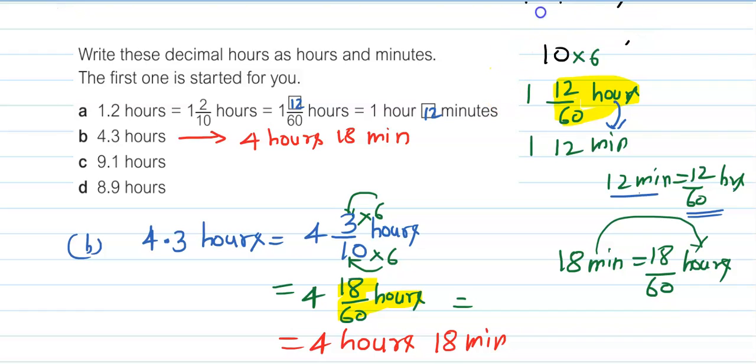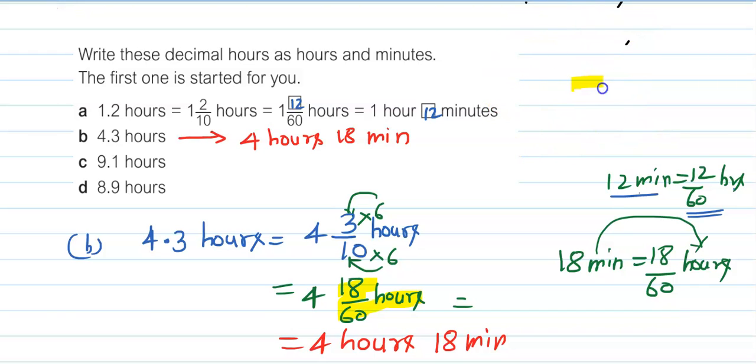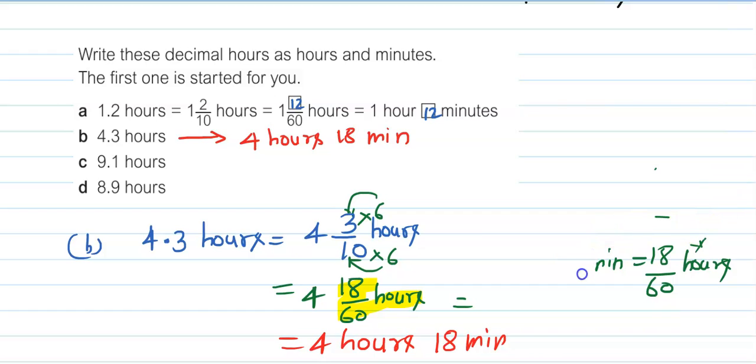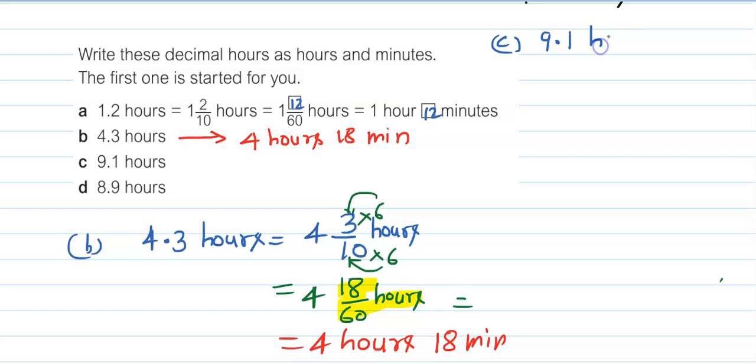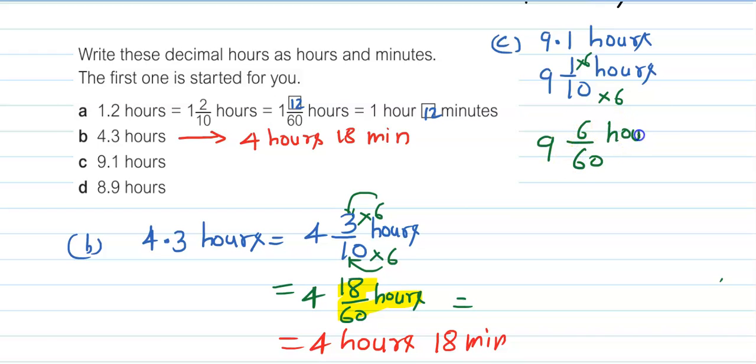Okay, let's go for C part, 9.1 hours. So 9, you can write 1 over 10 hours. Again you times by 6 here and times by 6 here, because we need to make 60 in the denominator. So 6 over 60 hours.